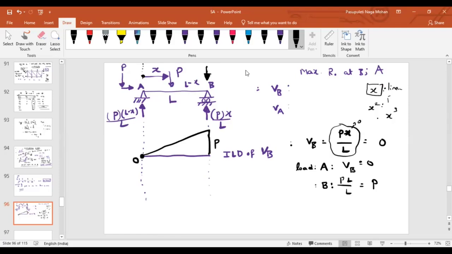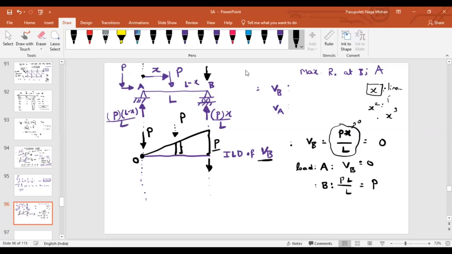That means if my load is here, what is the reaction at VB? 0. If my load is here, what is my reaction at B? P. If my load is somewhere around here, can you tell me what is my reaction at B? It's not directly P, it will be somewhere around.